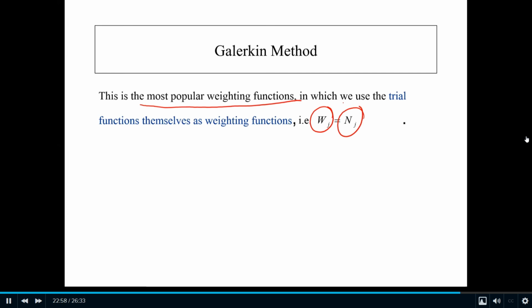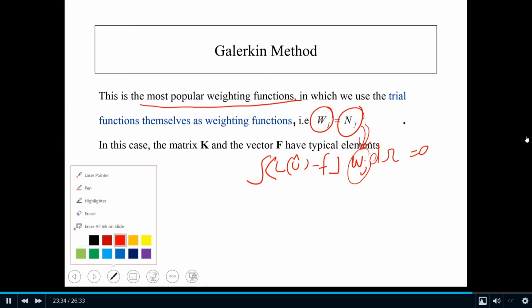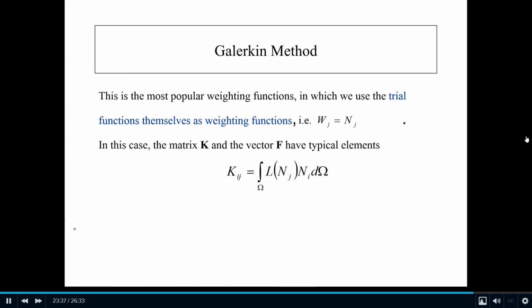If you start with the weighted residual method, integrate (L u hat minus F) times W equal to 0 over the whole domain, and you select the trial function as the weight function and put it here, it will give you the K matrix like this and the F matrix like this.